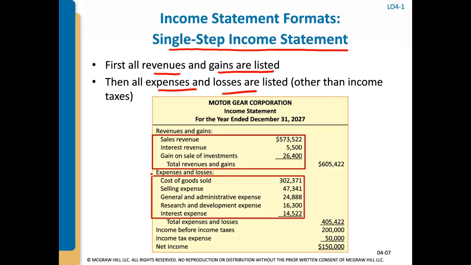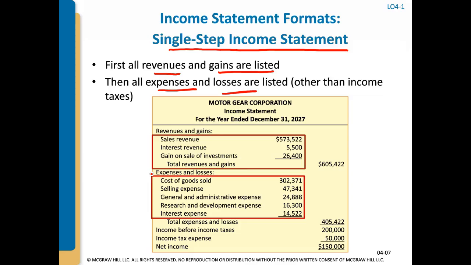This makes it more difficult for the reader of the financial statement to assess how much income was generated from my actual business versus how much income and expense or gains and losses I have from other transactions that are not necessarily going to continue to occur year after year.